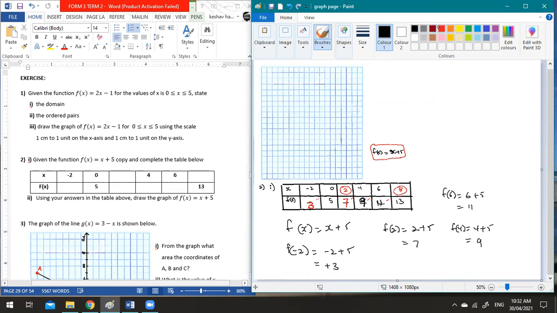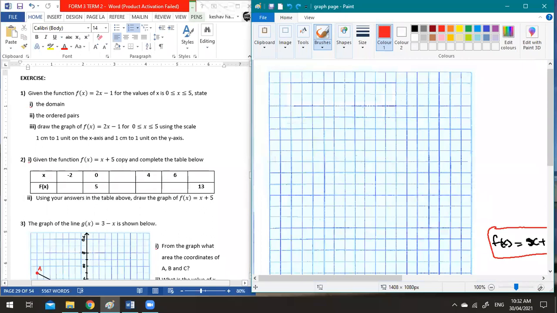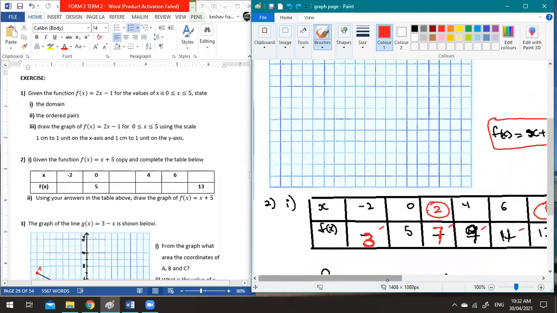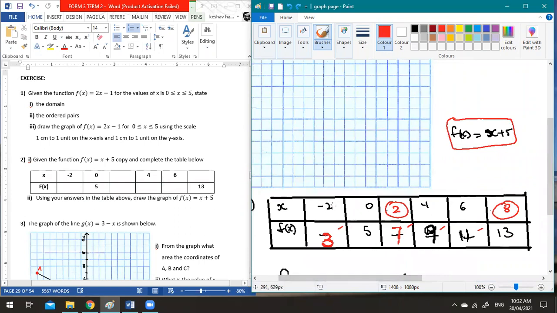So these become your ordered pairs now, right? For you to plot the points. So they asked us to draw the graph, but they didn't give us a scale. So we have to pick our own scale. Now, if you look at the table, you realize the smallest x value is negative 2 and the largest x value is 8.